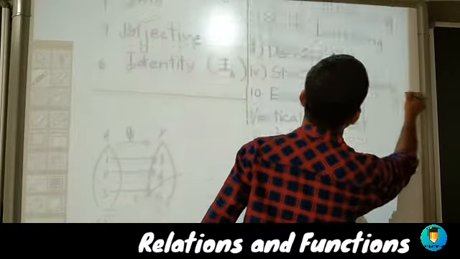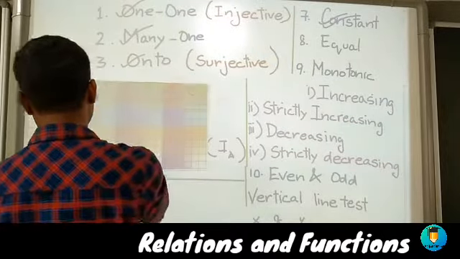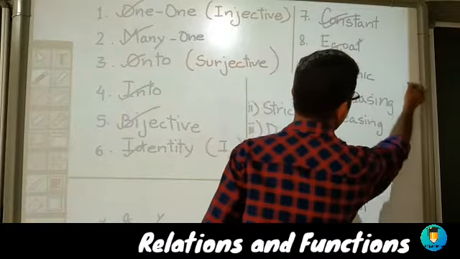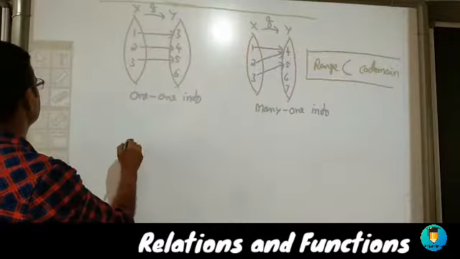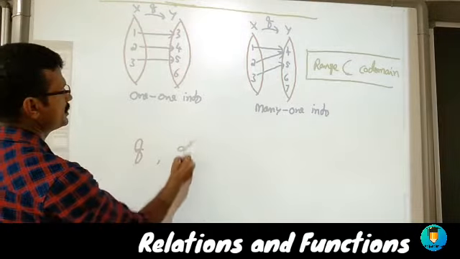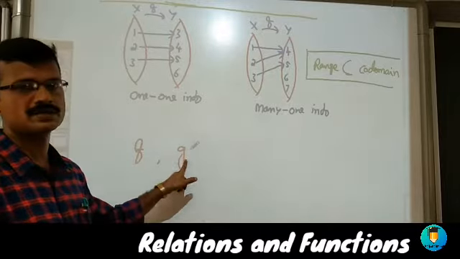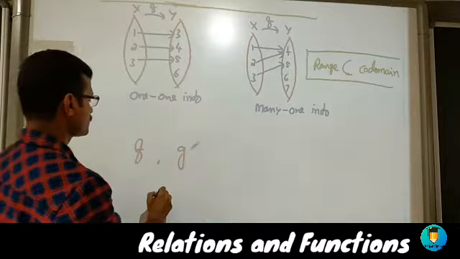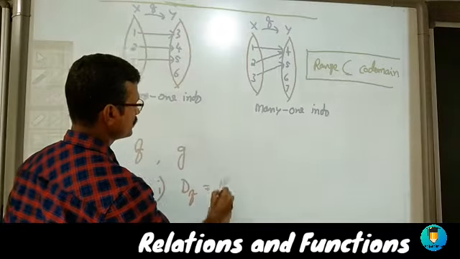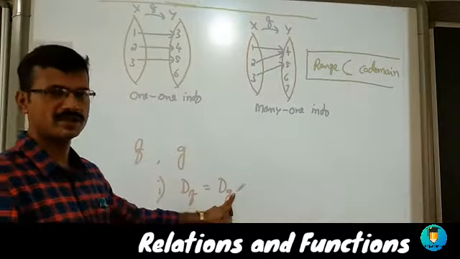Now the next one is the equal function. What is an equal function? It is very important. Two functions f and g are said to be equal if they satisfy two conditions. First of all, the domain of f must be equal to the domain of g. Both functions should have the same domain.